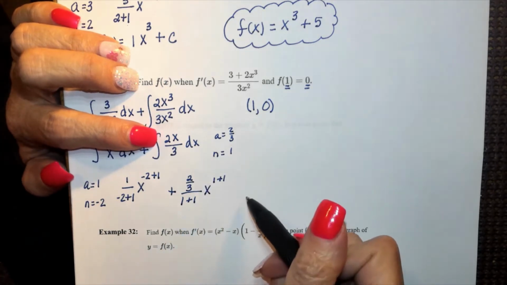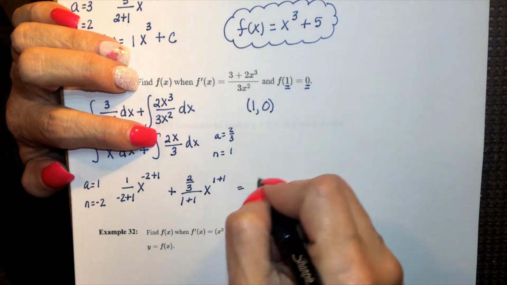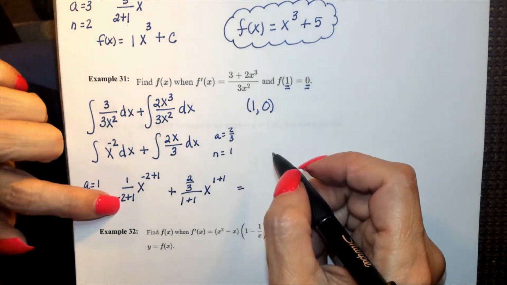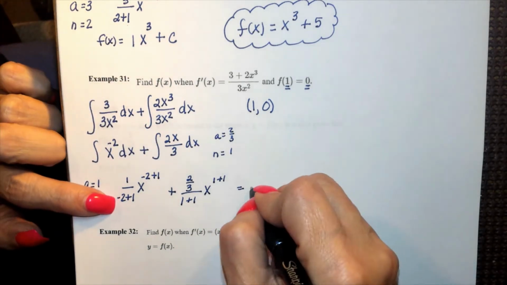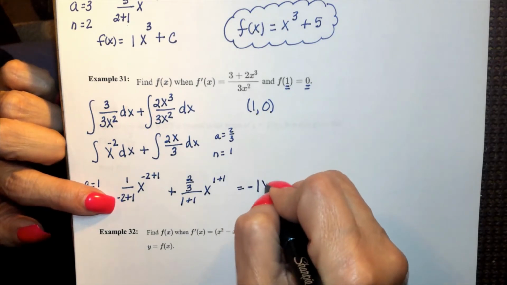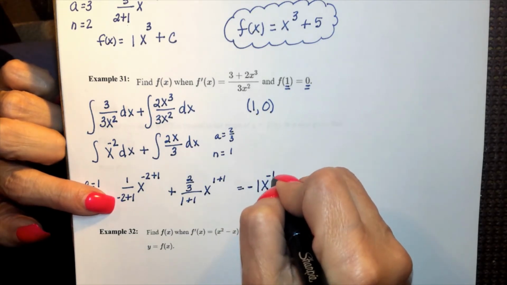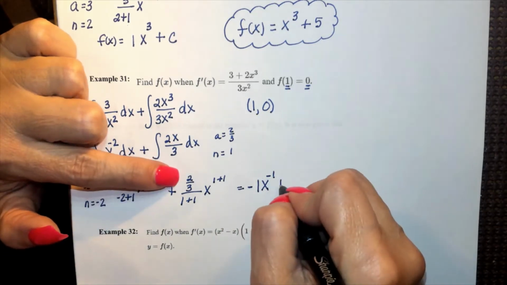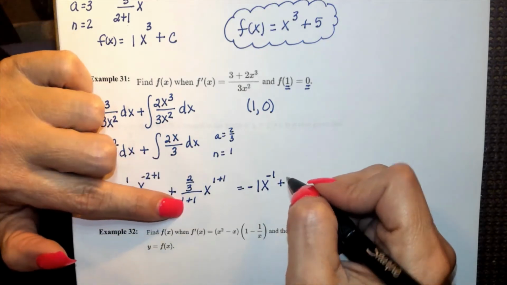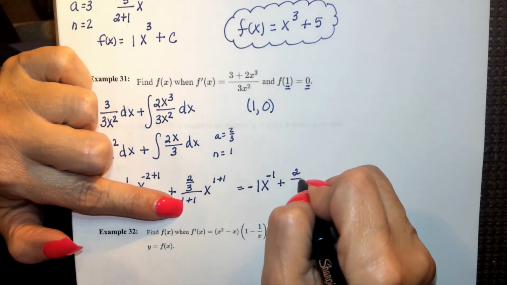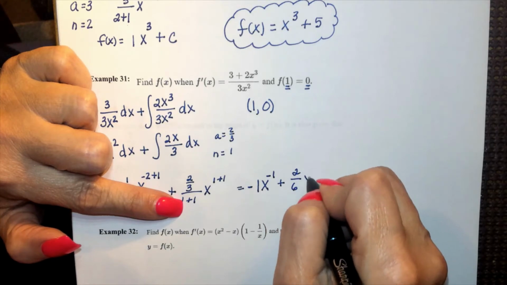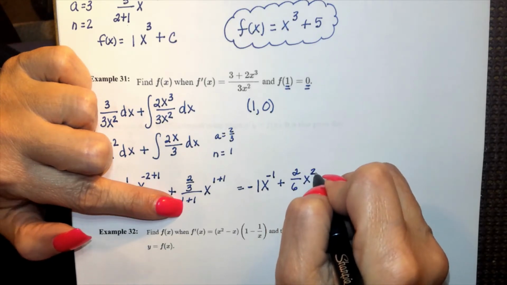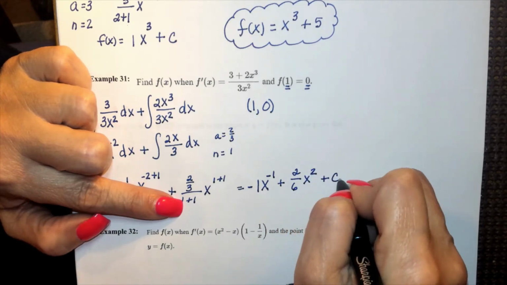I know I'm going to have to put plus c, but I'm going to go ahead and say equals 1 over negative 1, that's going to be negative 1 x to the negative 1. This right here, 2/3 over 2, so that's going to be 2 over 6 x squared plus c, some constant c.